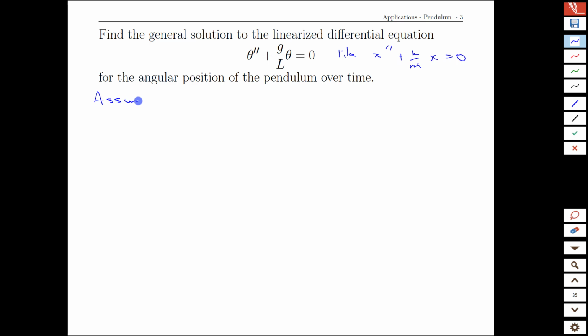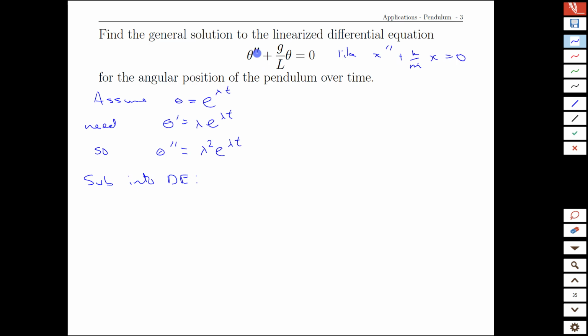We're going to assume that our theta now is equal to some exponential function, e to the lambda t. We're going to try to sub it into this equation, which means that we need the second derivative, but we might as well get there through the first derivative. So theta double prime is lambda squared, e to the lambda t, and then we sub that into the differential equation.